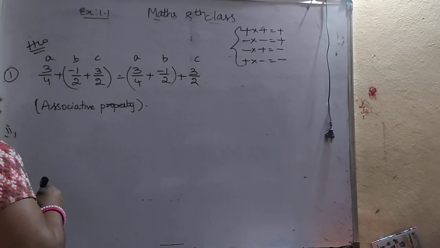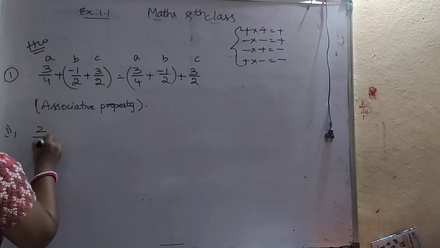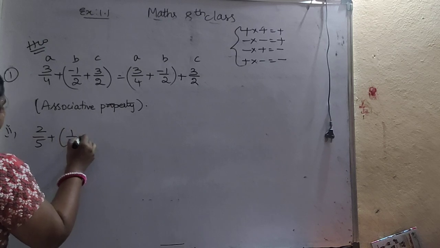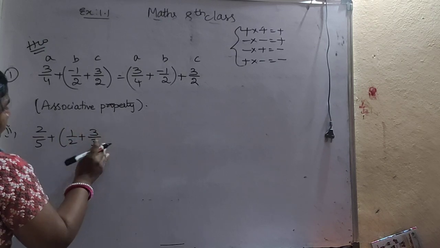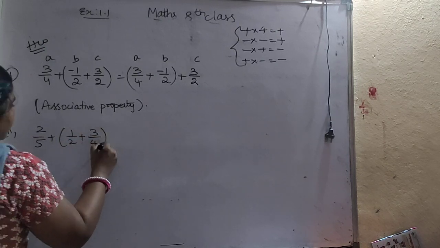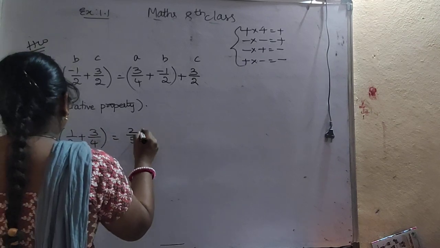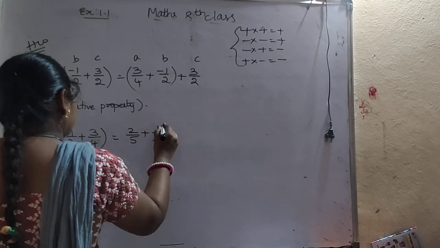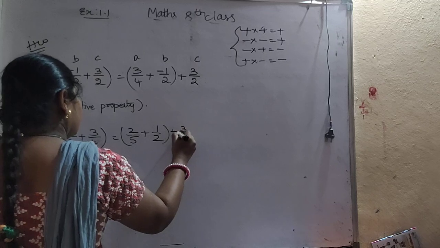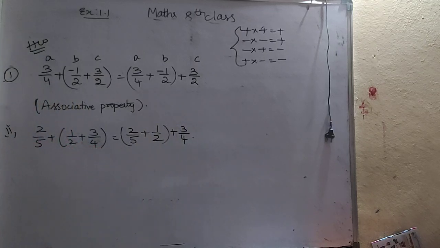And the second one is, so this is also in the form of the associative property. So here I didn't give any double signs, all single signs.